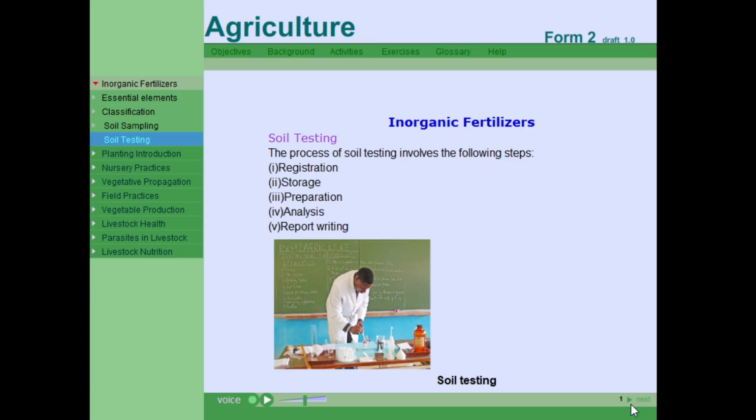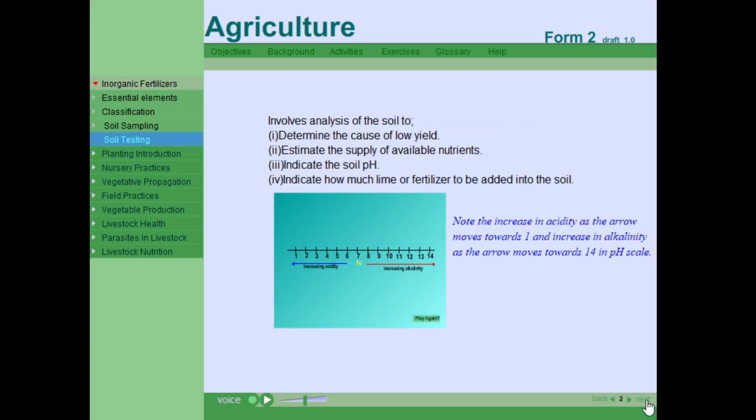Soil testing involves analysis of the soil to determine the cause of low yield, estimate the supply of available nutrients, indicate the soil pH, and indicate how much lime or fertilizer to be added into the soil. Note the increase in acidity as the arrow moves towards 1 and increase in alkalinity as the arrow moves towards 14.